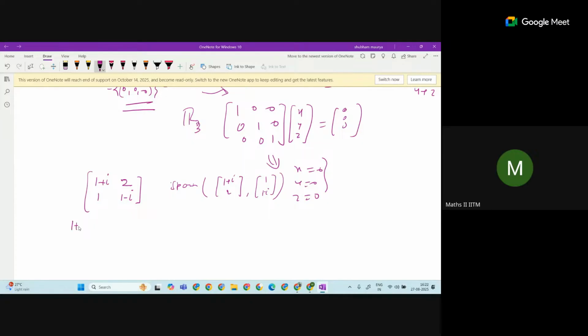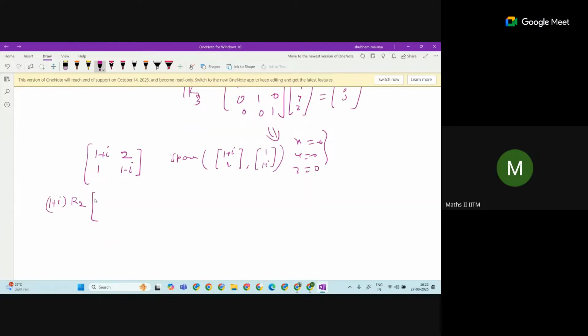If you multiply row 2 by 1 plus i, this will be 1 plus i and 2, exactly the same as row 1. Finally, from row 2 you can subtract row 1, and you'll get 1 plus i, 2, and 0, 0.